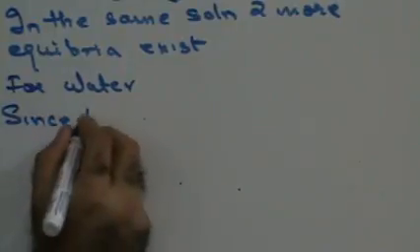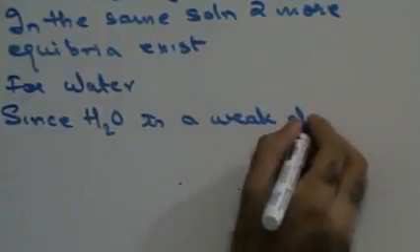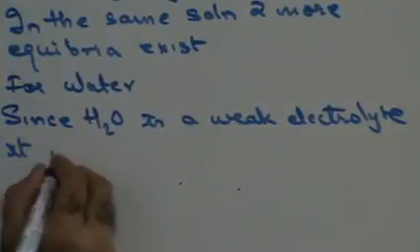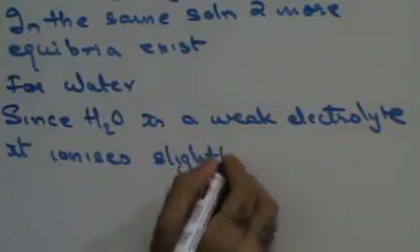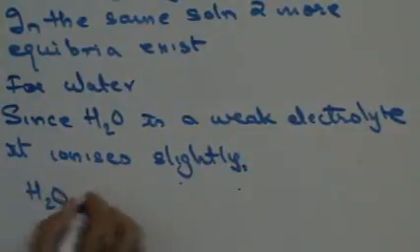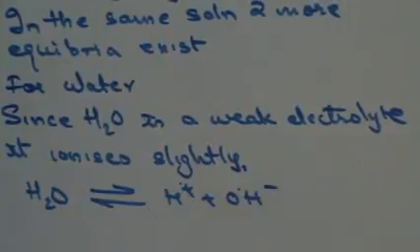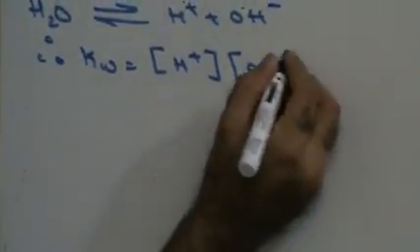Since water is a weak electrolyte, it ionizes slightly. So water ionizes slightly to give you H plus plus OH minus, right? In which case I can therefore say that ionic product of water is active mass of H plus into active mass of OH minus, right?